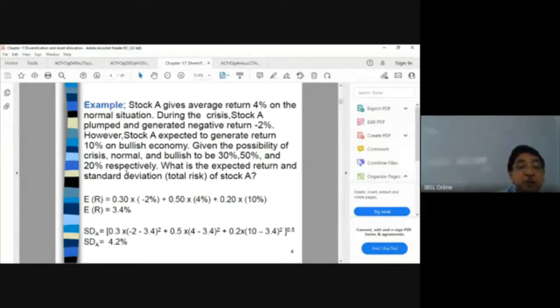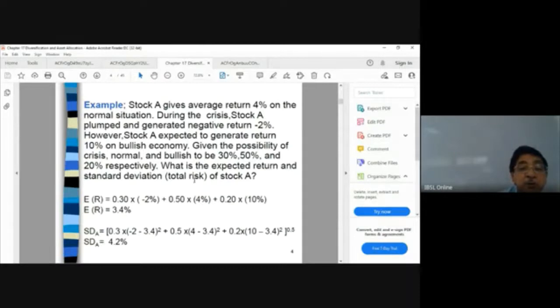Then you go to the bullish situation, with the possibility of 20%. So that is 0.2 into 10%, the return generated under a bullish economy. When you do the calculations, you will end up with this answer: the expected return of stock A is 3.4%. This is the expected return.